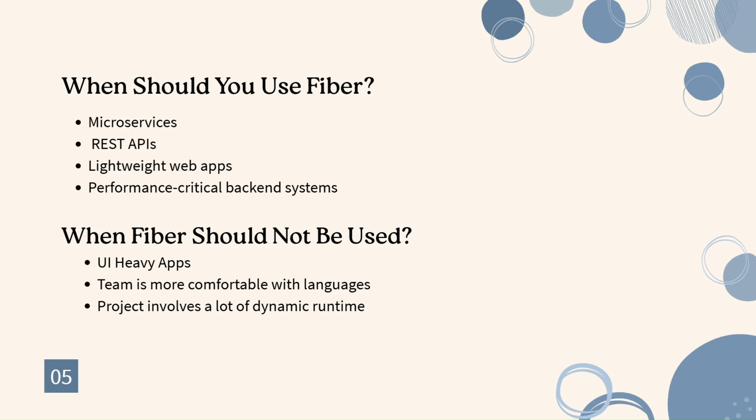Or if you are using REST APIs, which are perfect for handling tons of requests cleanly and efficiently. For example, if you are building the backend of a mobile app or a dashboard, or even an e-commerce API that handles thousands of product features, Fiber can easily manage that load.